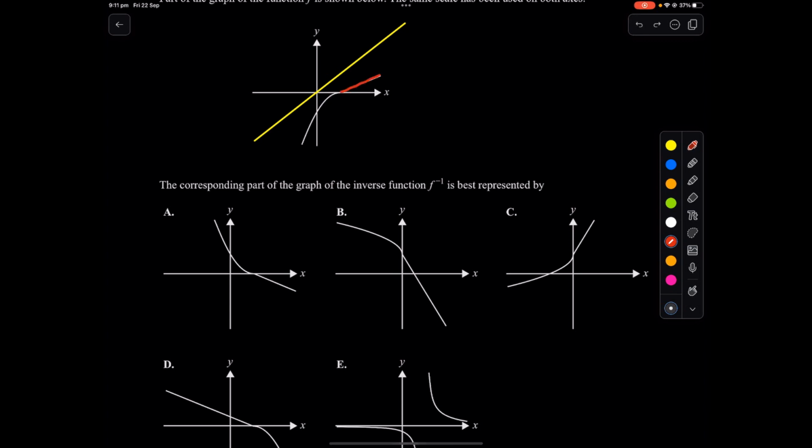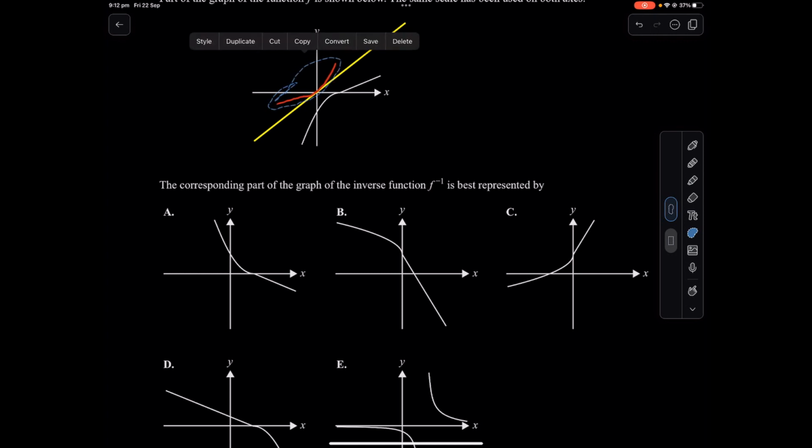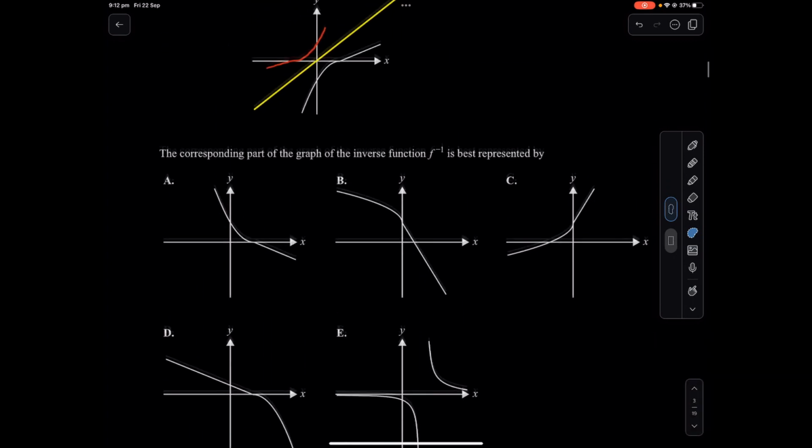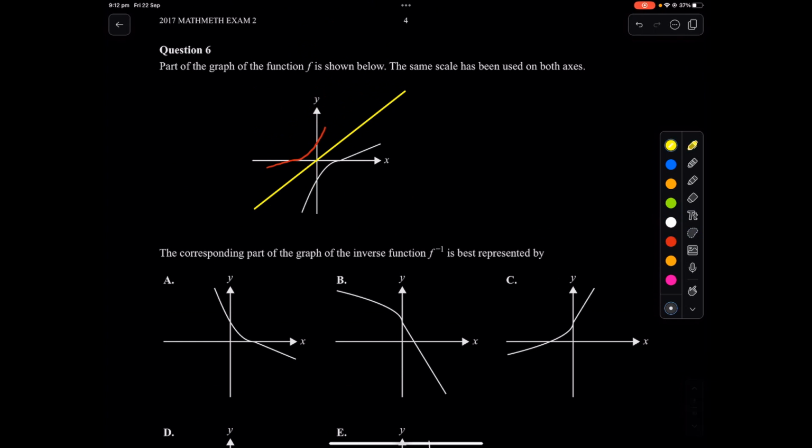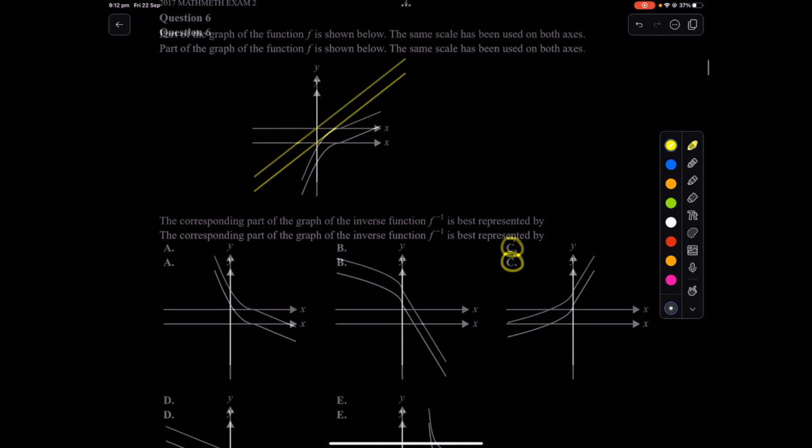I can take that outline and turn it around, and see where it actually is. Yeah, something that looks like this. The one that looks like that is C. Choose C as the answer. Normally, just reflect it along this axis. That's what you should do.